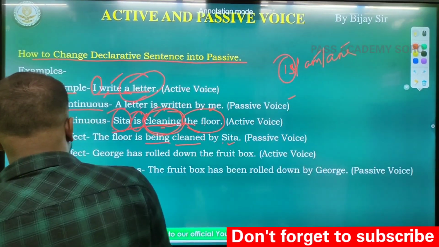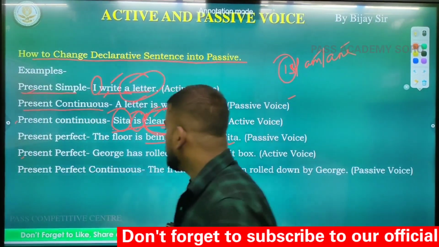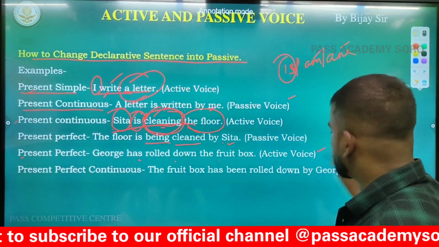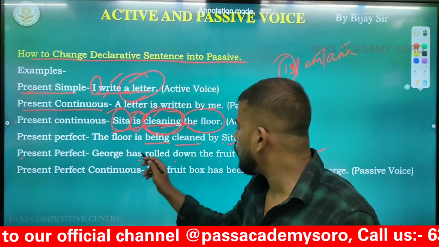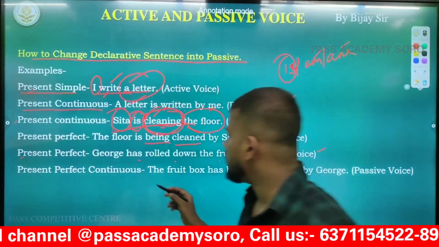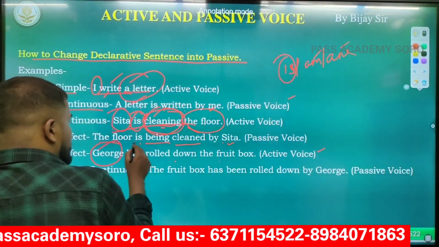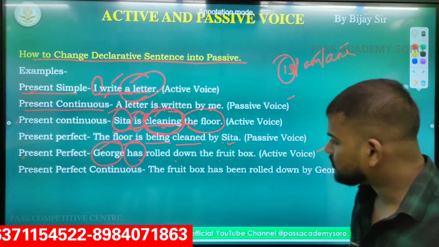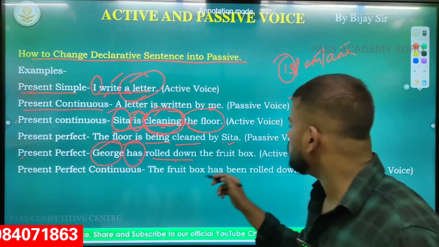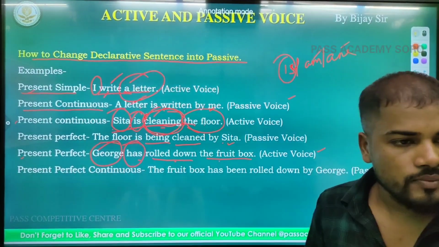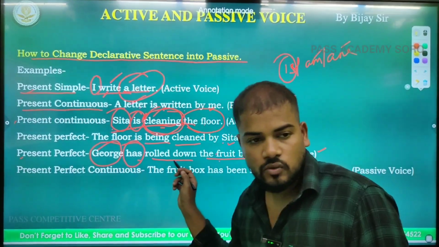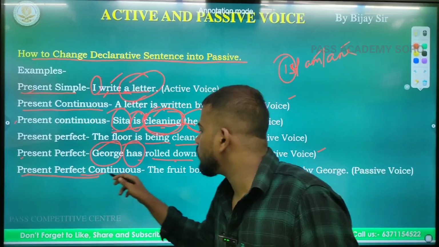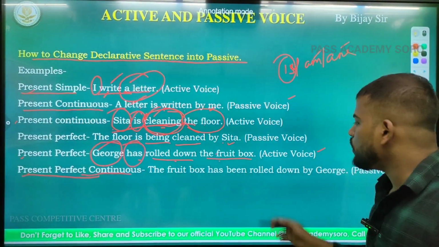Then our next tense form is present perfect. Like George has rolled down the fruit box in active voice. Here George is the subject, we use has for perfect tense, and the fruit box is the object. So the object became subject as per the rule, and present perfect became present perfect continuous in passive voice.